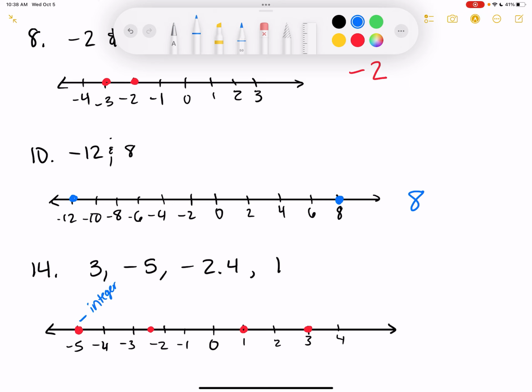So which ones are the decimals and fractions ones? Rational. Yep, rational. Then 1. A whole number. Okay, whole number. Or if you want, you can also say positive integer. Either way. And 3. Whole number.